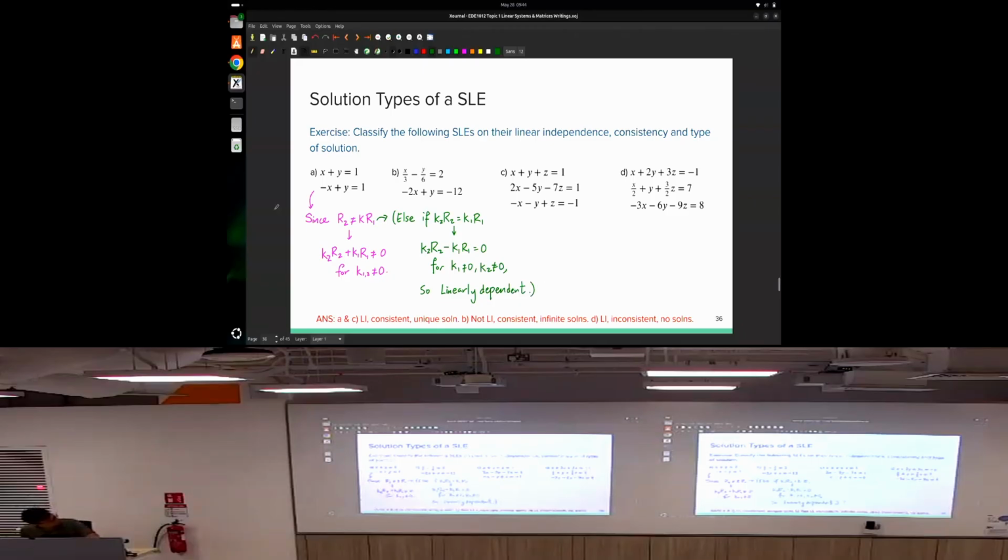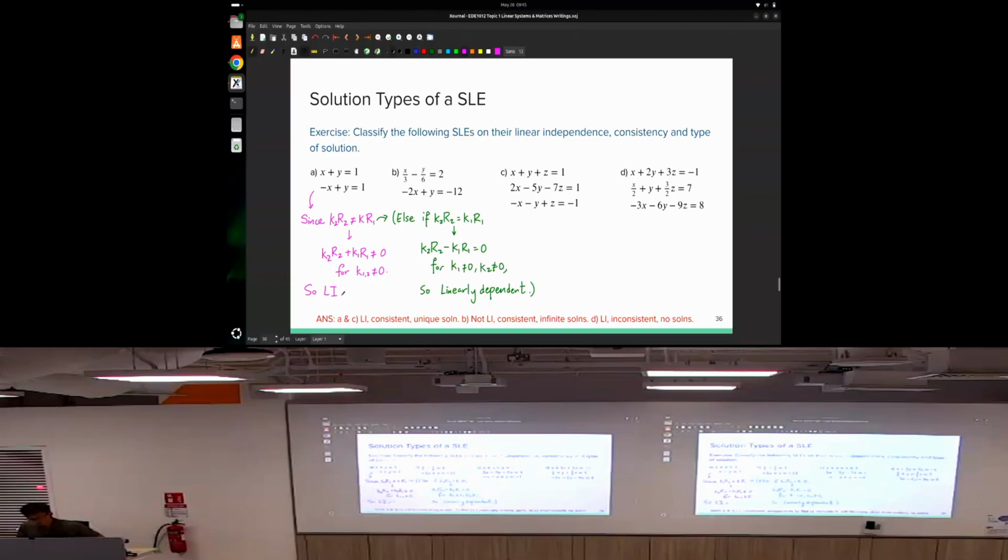But it doesn't conform to this example in part A, because it's not possible to take a multiple times row 1 to get your row 2, or vice versa. Let me add a k2 to this row 2 for clarity. So if this is the case, then they are linearly independent.